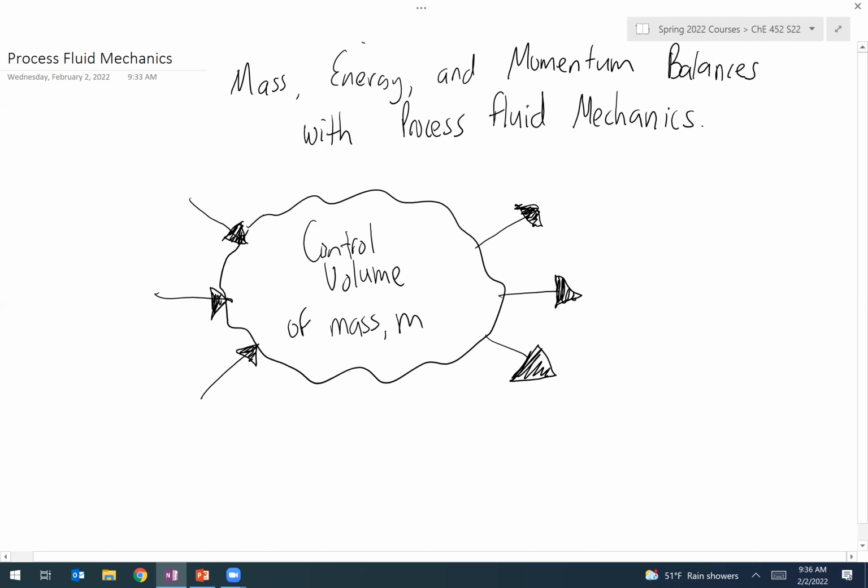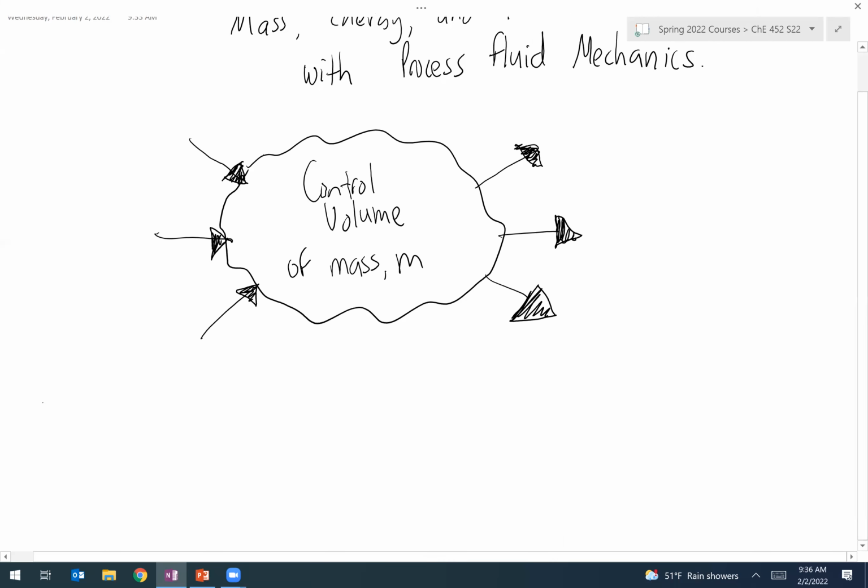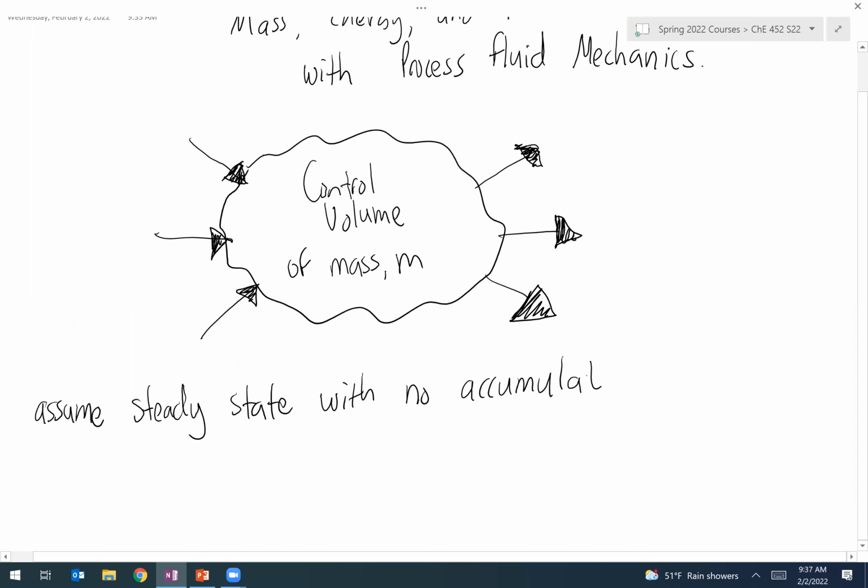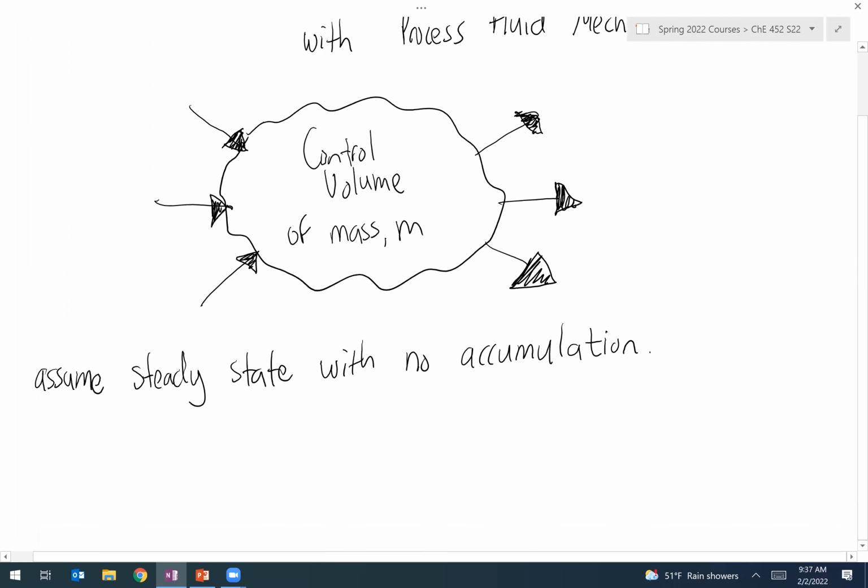And for any known control volume, if we can assume a steady state condition, with no accumulation, we can state that any flow in is equal to any flow out.